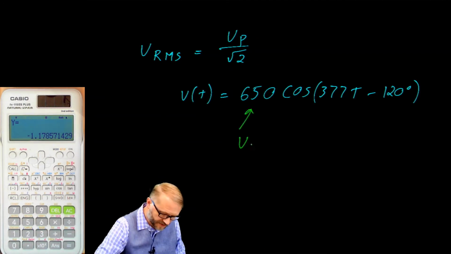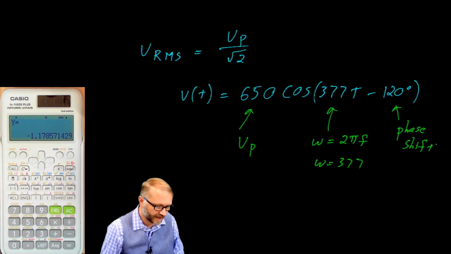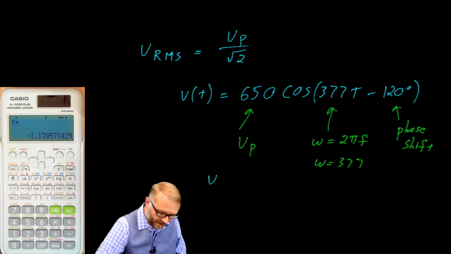Well, this is a volt peak. 377, we said omega is equal to 2 pi f. So in this case, omega is equal to 377. And this here is a phase shift. And it's a delay.